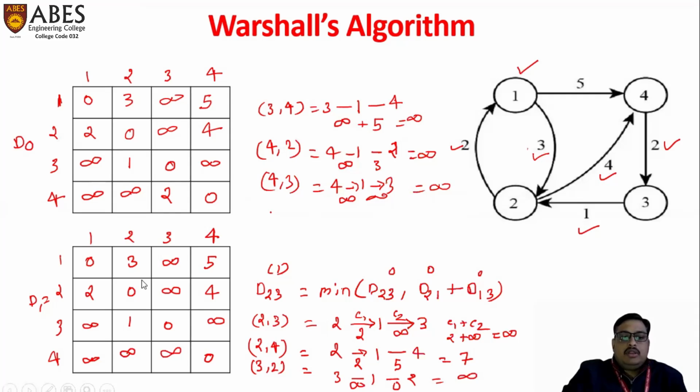Now here we have D1. So we can see here there is no change in D0 and for 4 3. For 4 3, we have already the minimum value, that is 2. So we'll not update this.